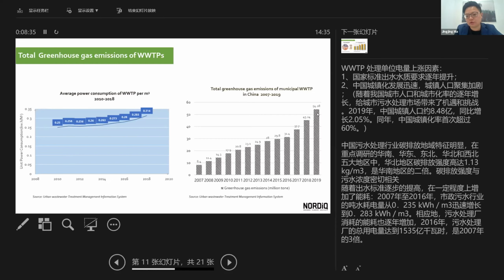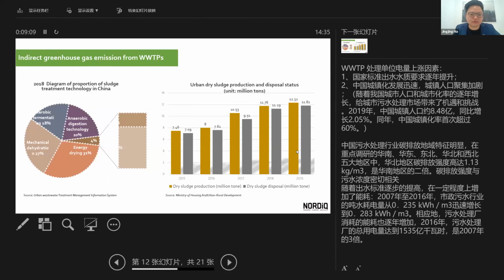The total greenhouse gas emissions have also increased from almost 8.4 to 50.28. So in the last 12 years, the greenhouse gas emissions from wastewater in China have increased 6 times, meaning a 50% increase per year. That's a very big, steep increase.